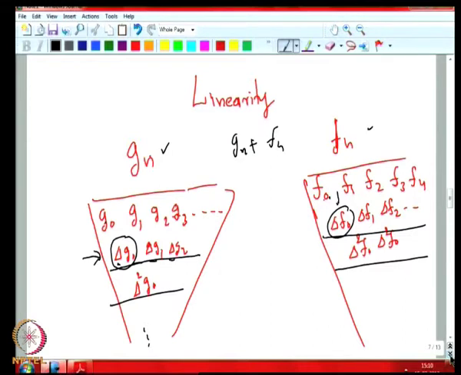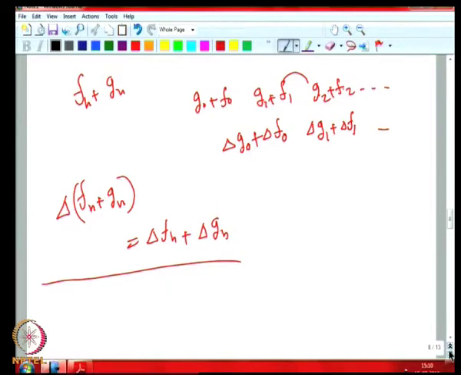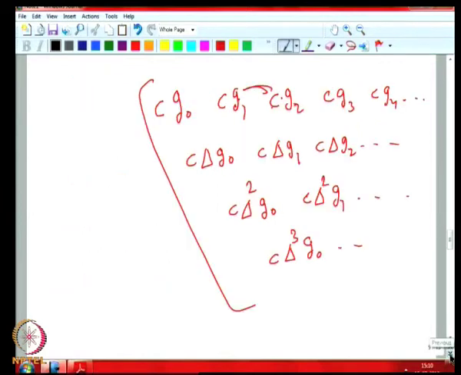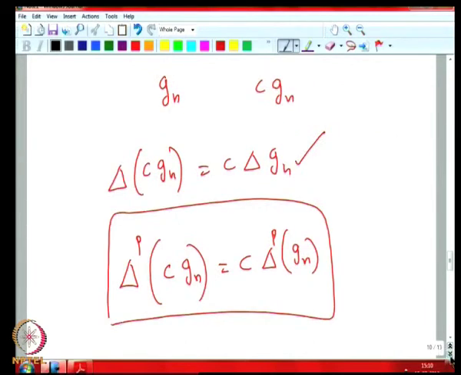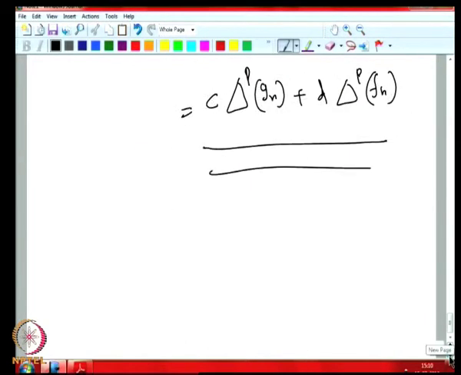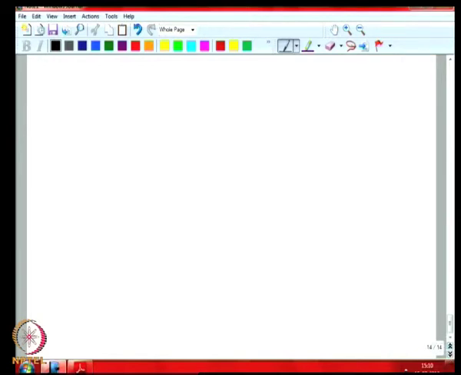It is a very simple property, but if you just think for some time, you get it very clearly. Now this is the linearity property. Another interesting property of this difference table is that it can be completely written down if you know the starting terms in each row.